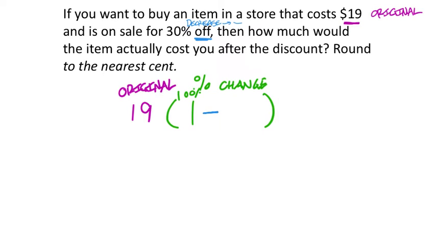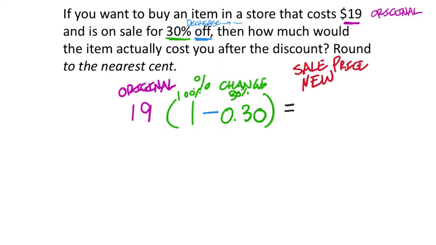So I am going to subtract, and the percentage it gave us was 30%. Now again, it's minus 30%, but I need this as a decimal, which would be 0.30. That second 0 isn't completely necessary, but I like to see it so I can see the actual 30%. And then this is going to equal the new value, which in this case is the sale price. I have to do this in my calculator because I can't do that in my head.